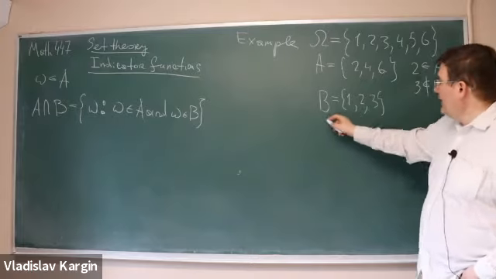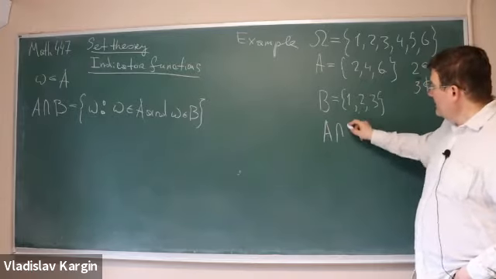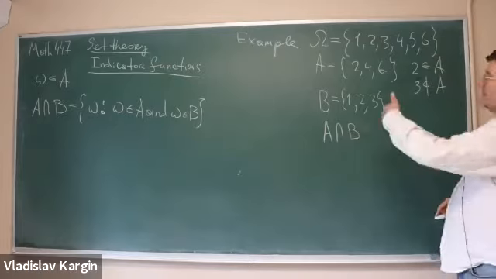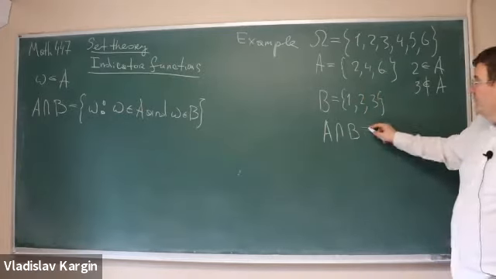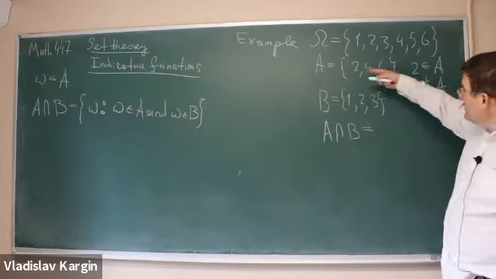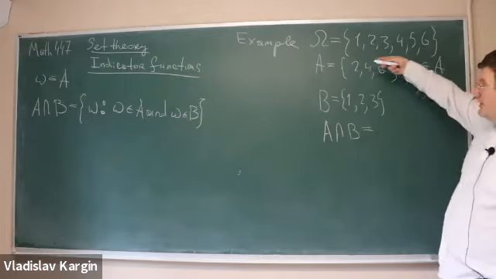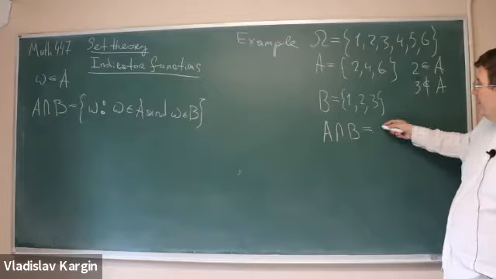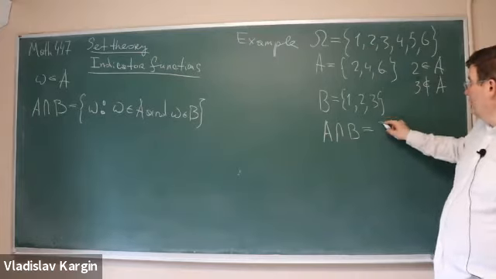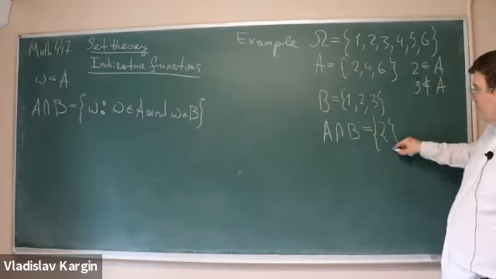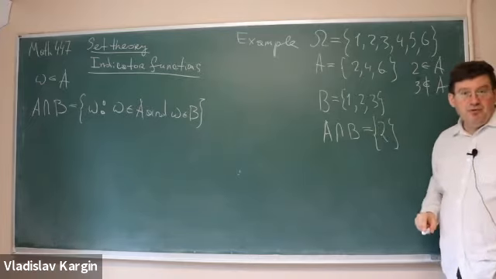Then A intersect B will be all elements that are both in A and B. We find that we have 2 in both of them, right? So it would be a set which consists of one element equal to 2.